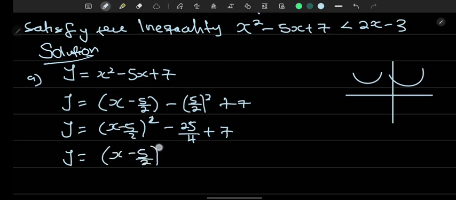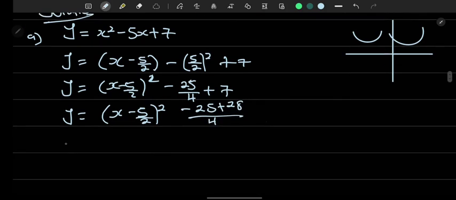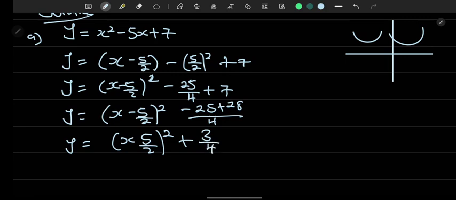That's minus 25 plus 28 over 4. So we have x minus 5 over 2 all squared, minus 25 plus 28, that will give us 3 over 4.